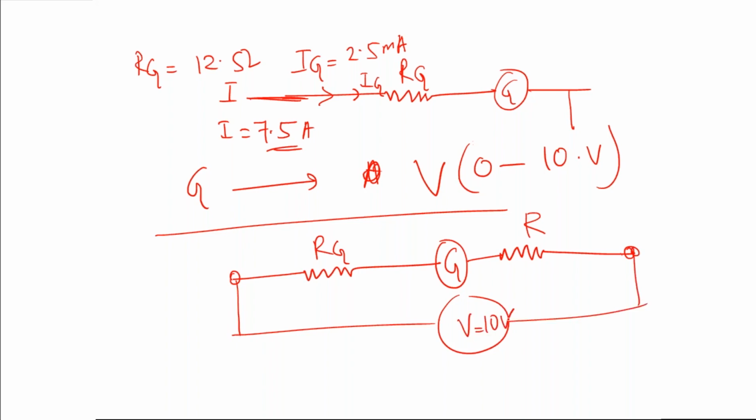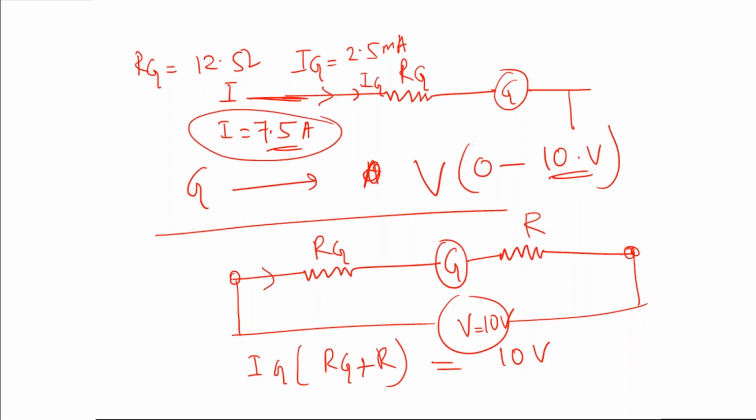This will be 10 volt. That means I can write IG into (RG plus R) is equal to 10 volt. Whenever a range is given, in the case of an ammeter, the main current entering the combination is the maximum range of the ammeter.